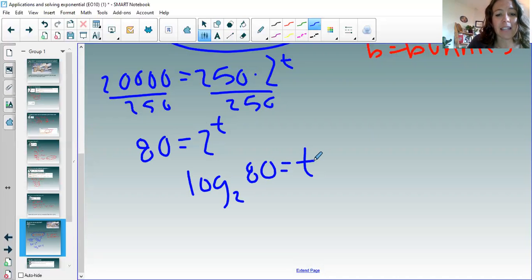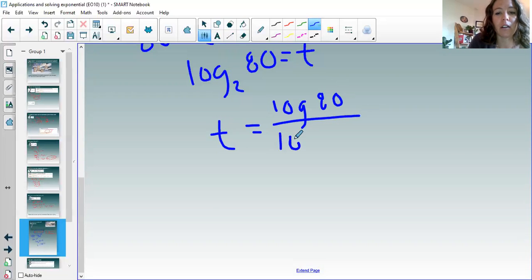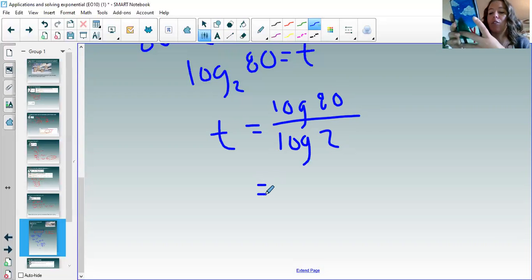Now this is not base 10, so we can't just plug it into my calculator, but what we can do is change the base and say that this is log of 80 over log of 2. When we plug that into your calculator, you do log of 80 divided by log of 2, and we get 6.3.